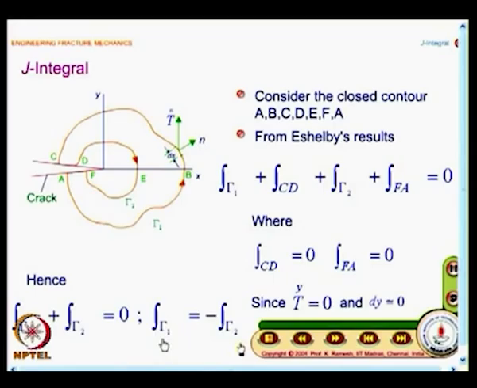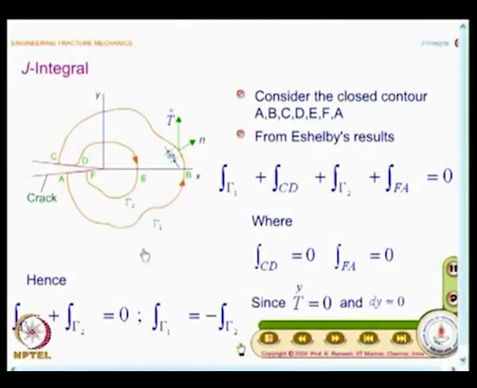So, I get these are equal and opposite. In one case you are going in anti-clockwise direction, another case you are coming in a clockwise direction. That is why the sign change is there. And what do you see? We took an arbitrary contour. We have not put any restriction on which path the contour should take.